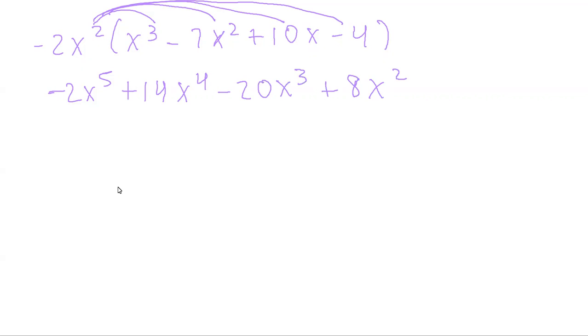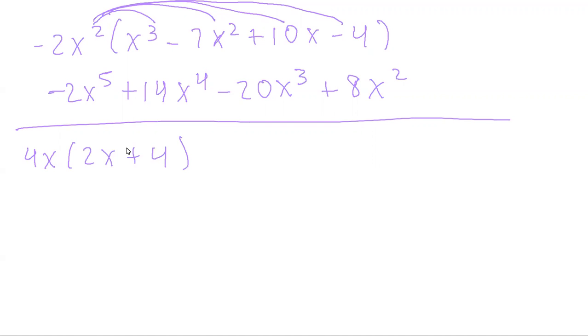Okay, and let's see what else I could do. We can try a smaller example again. So again, 4x times 2x, I get 8x squared.